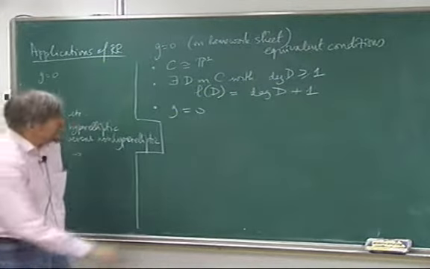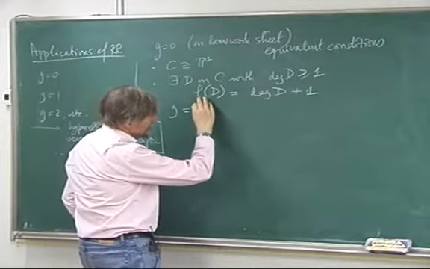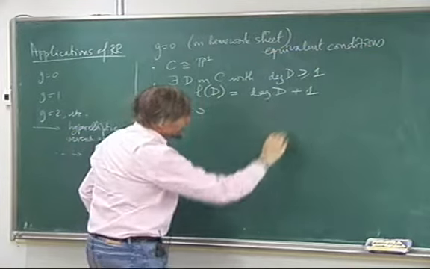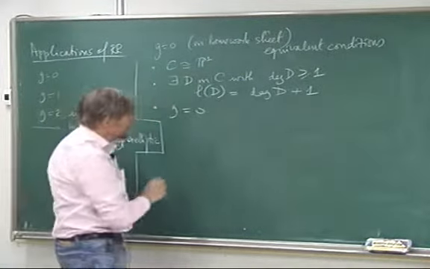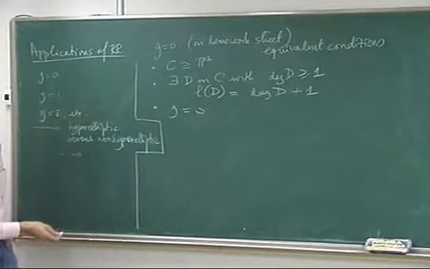Right, so you remember that the first thing we proved in Riemann-Roch is that this L of D is less than or equal to degree of D plus 1. And so if that maximum is ever obtained, then necessarily the curve is P1 and the curve is of genus 0.